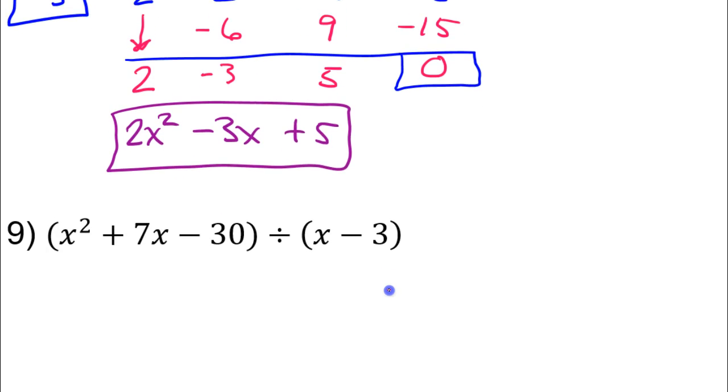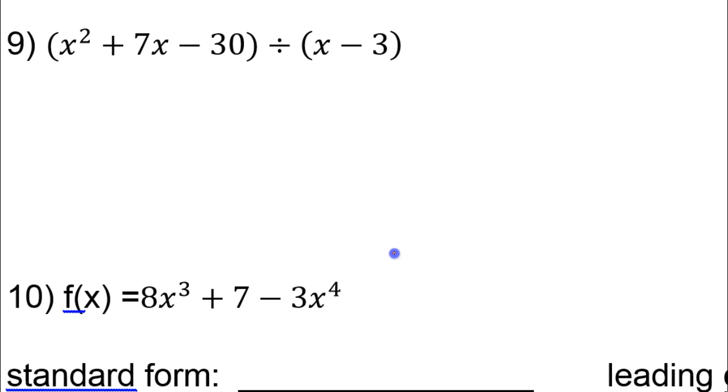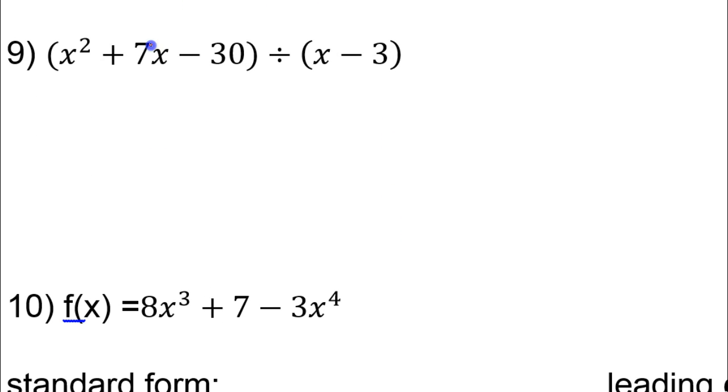I'm going to do the same thing for number 9. Synthetic division. X minus 3, so I'm going to put a positive 3 in the box. This is 1x squared, so I'm just going to put 1, 7, and negative 30.